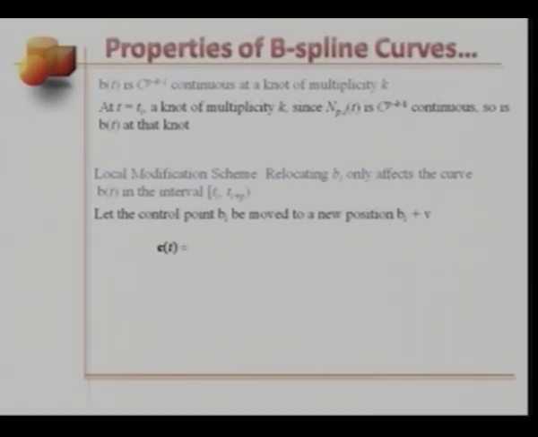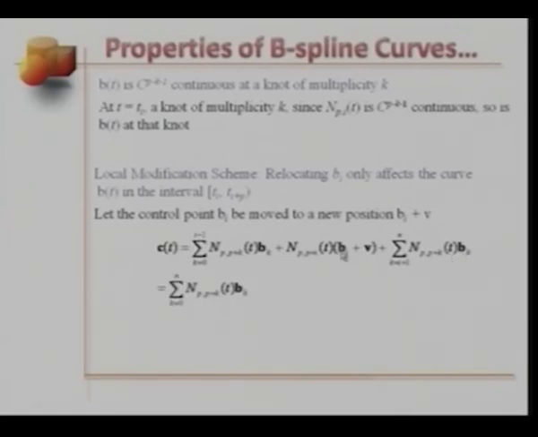So the new B-spline curve C(t) is given by the summation over the index k going from 0 to i minus 1 of N_{p,p+k}(t) times B_k, plus N_{p,p+i}(t) times (B_i plus v), now this is the new location of the control point B_i, plus the summation over k going from i plus 1 to n of N_{p,p+k}(t) times B_k.